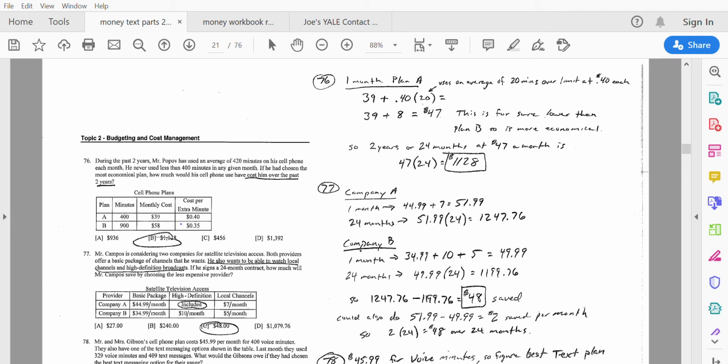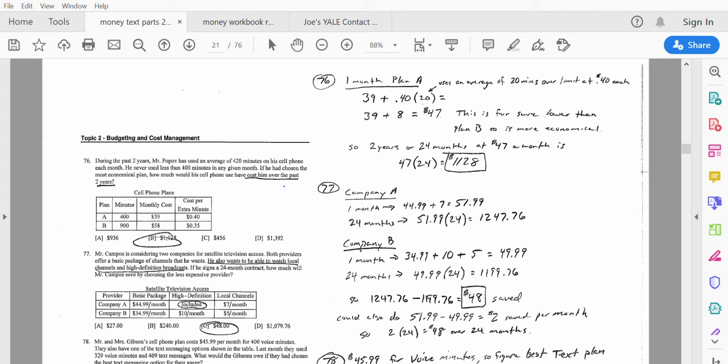So Plan A costs $39. So that's where we get this 39. And then there's going to be an extra cost. The extra cost is the 20 minutes times 40 cents a minute.